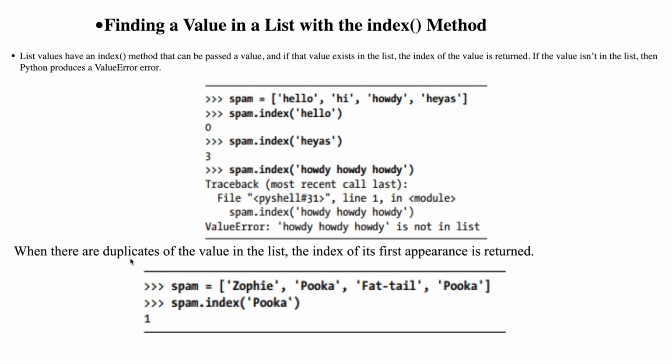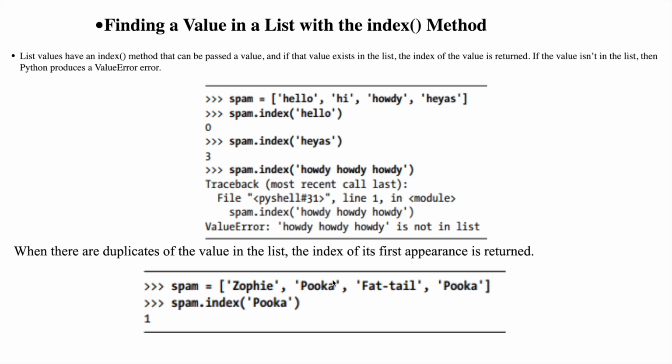Next, suppose there are duplicates, that means the values are repeated in the list. Then the index takes the first appearance. What is the meaning? See, spam is equal to Zoofy, Puka, Fattail, Puka. Puka appeared two times in the list. So which value will index take?